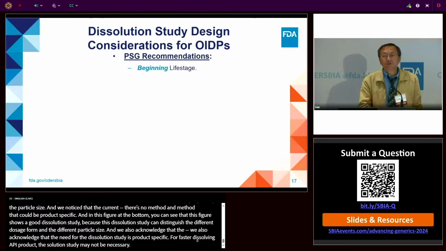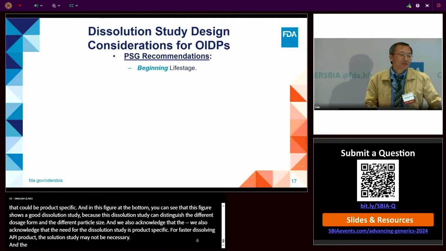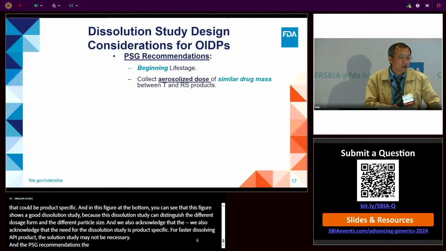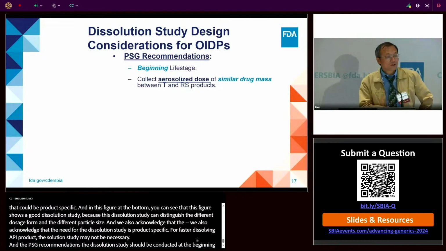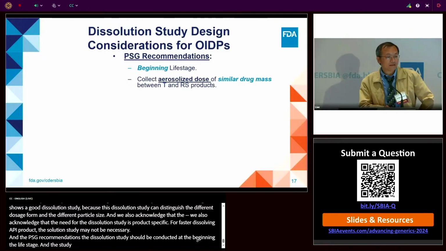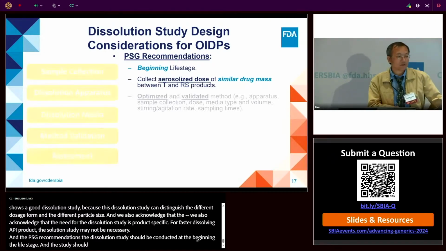And the PSG recommends the dissolution study should be conducted at the beginning of the life stage. And the study should collect the aerosolized dose of similar drug mass between the T and the RS products.